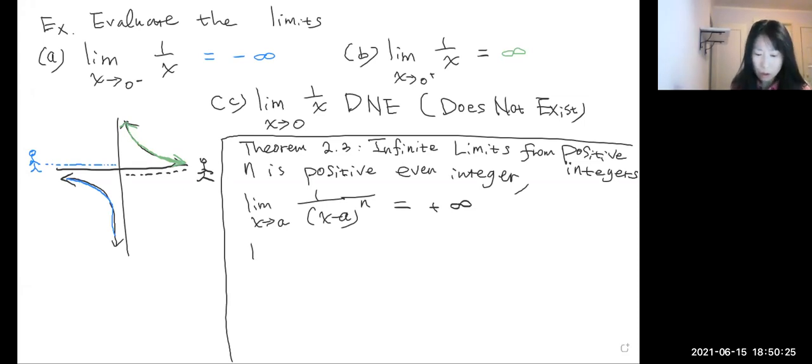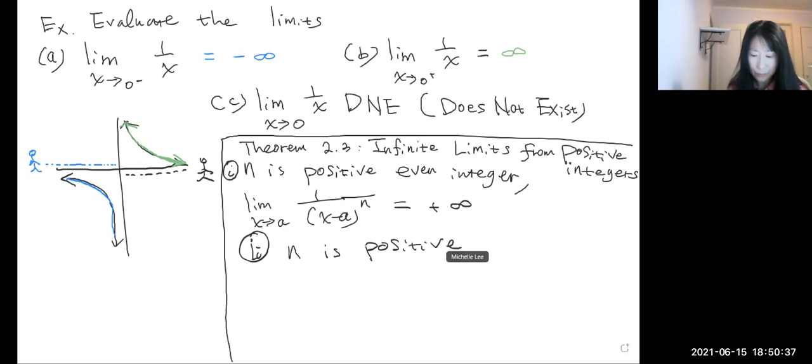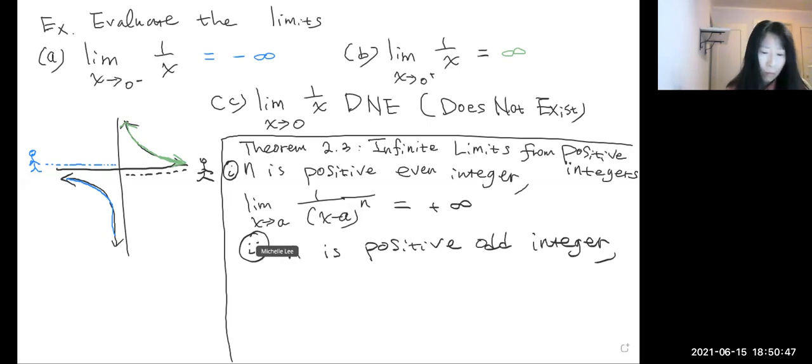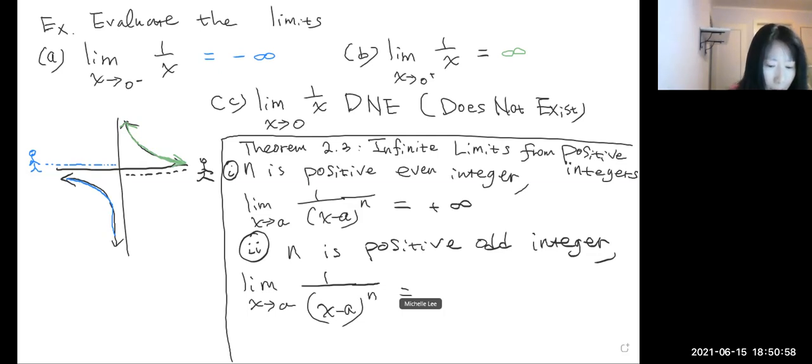Second one. n is a positive odd integer. Then when x approaches a, the n power gives positive infinity as well.